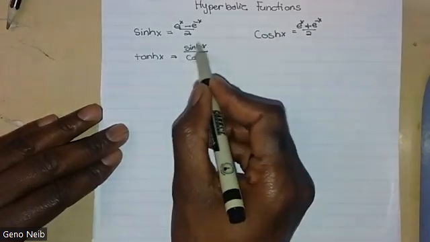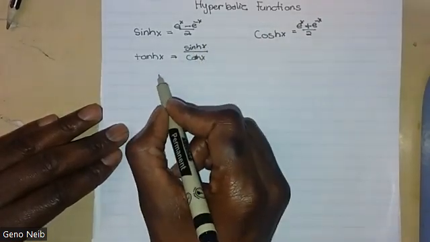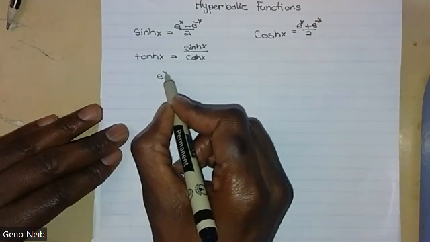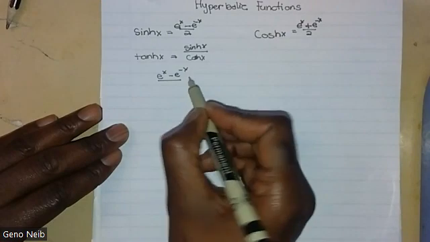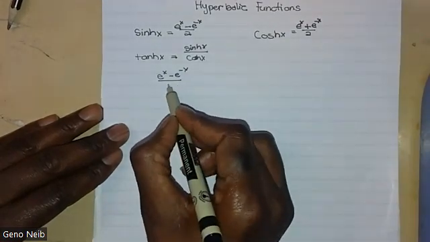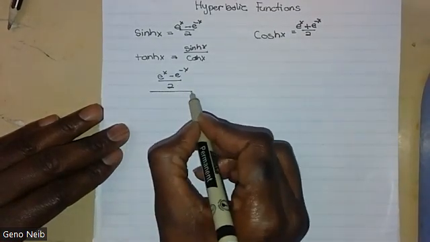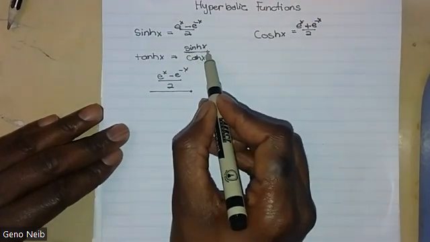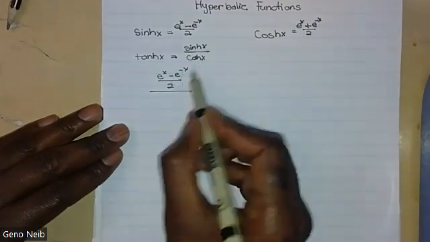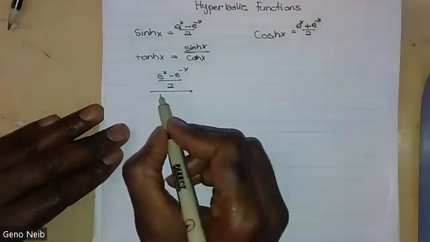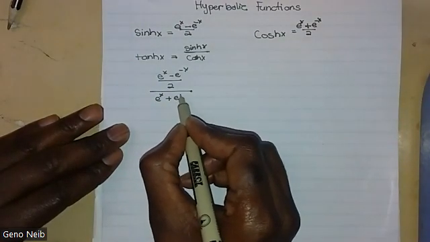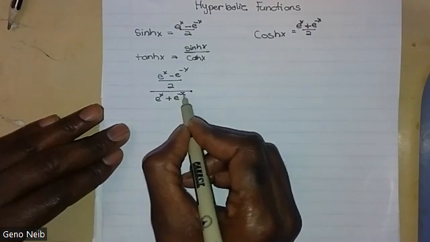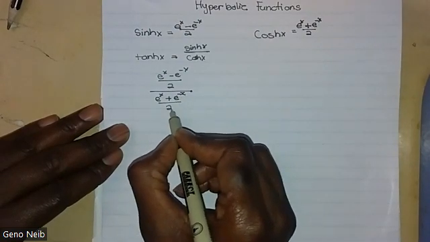We know sinh of x equals e to the x minus e to the negative x, divided by 2. And then there's a bigger division, and we put the definition of cosh, which is e to the x plus e to the negative x, divided by 2.